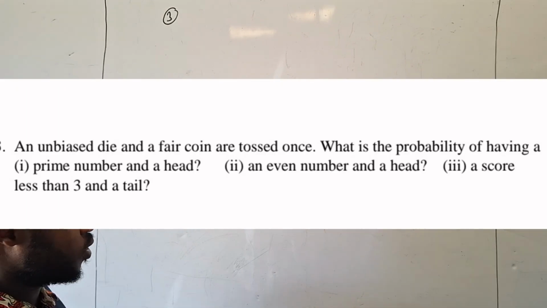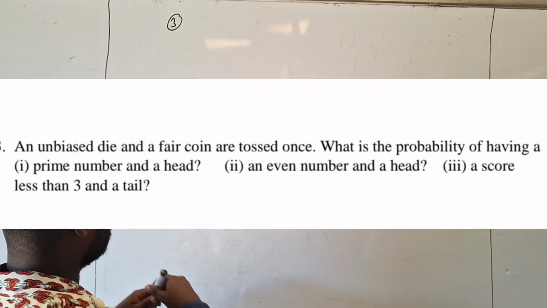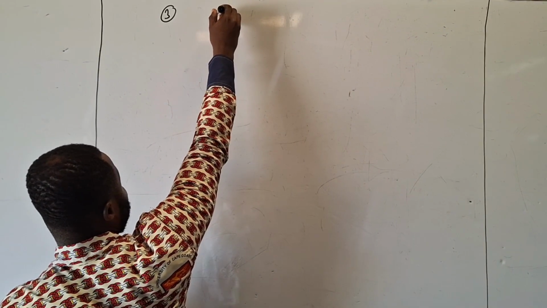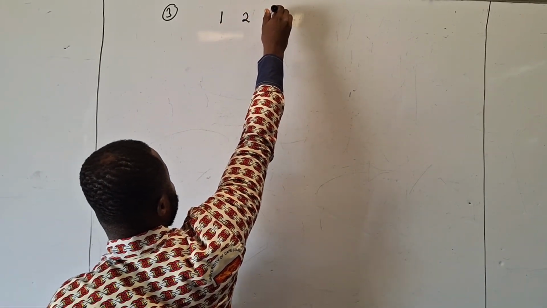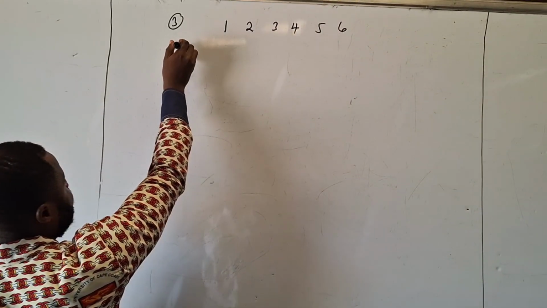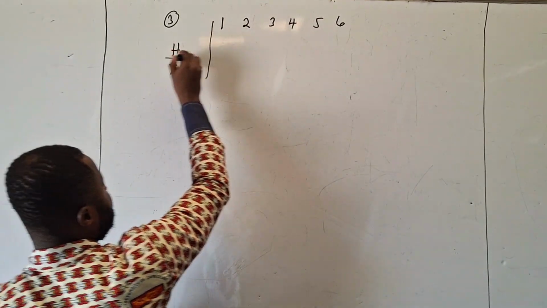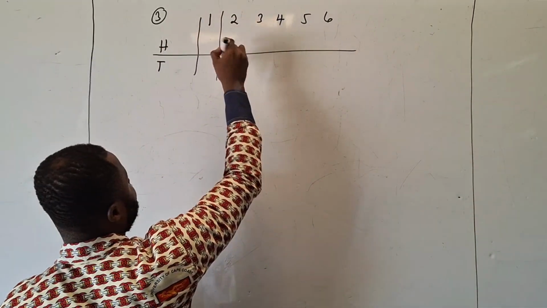So with this one, we have to know the sample space. You can draw a table for it again. The die: 1, 2, 3, 4, 5, 6. Then we can have the head of the coin against the tail. So this can also be in a table form.